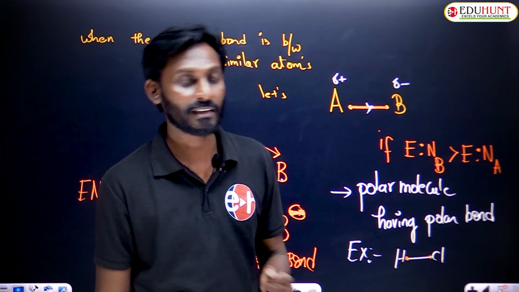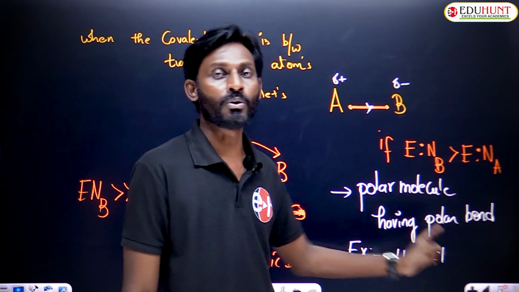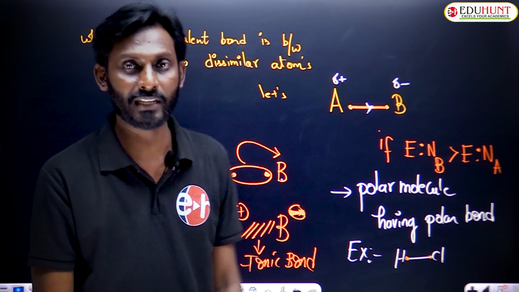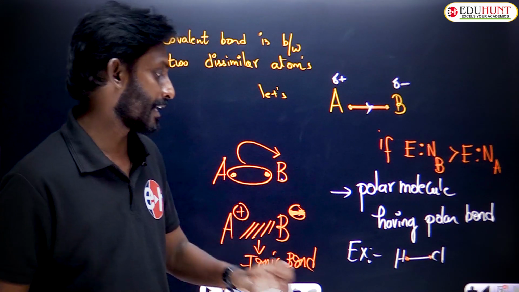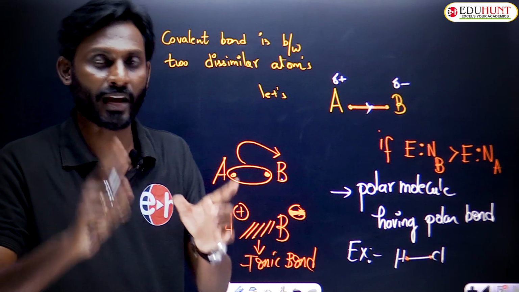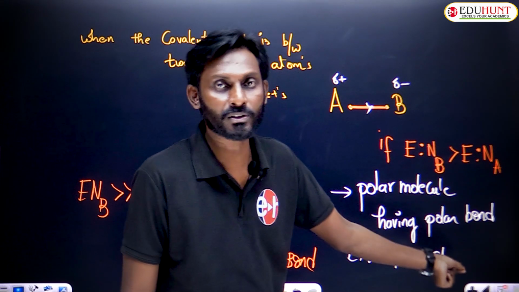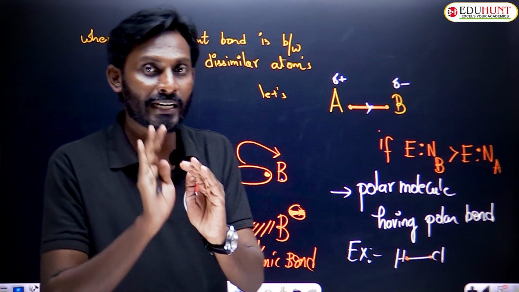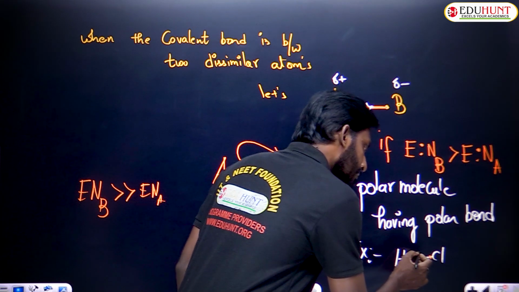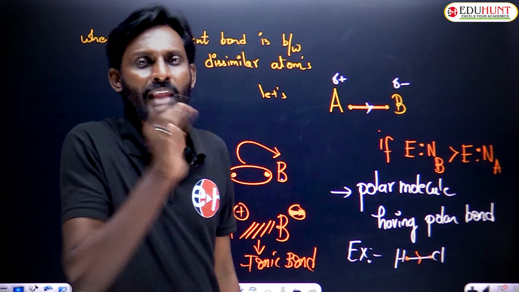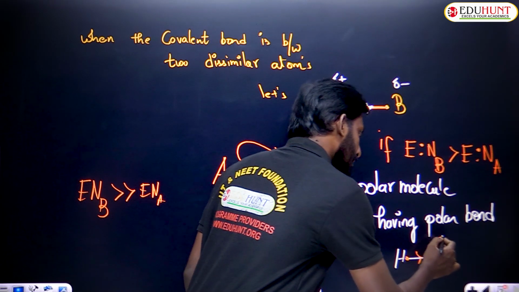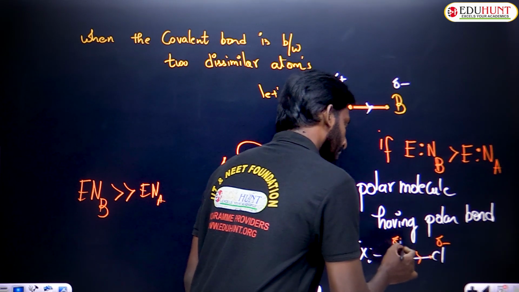But the point is, compared to hydrogen, chlorine has more electronegativity, but still the electronegativity is not so high that the entire pair moves towards chlorine fully. The electronegativity is just enough to cause some polarity. That means chlorine will get partial negative charge, and hydrogen partial positive charge.